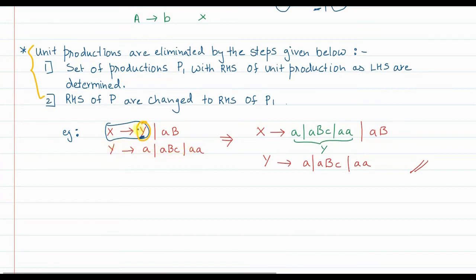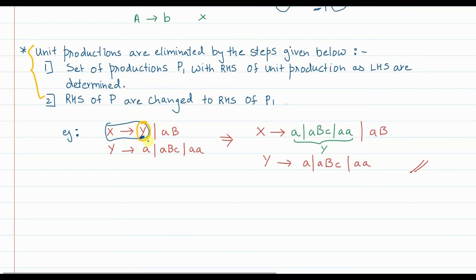Once you identify such a production which contains Y on the left hand side, the Y which is a unit production can be replaced with the right hand side of the Y production. This Y was creating a problem because there was a single non-terminal Y, a unit production.